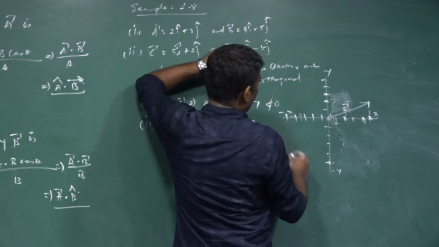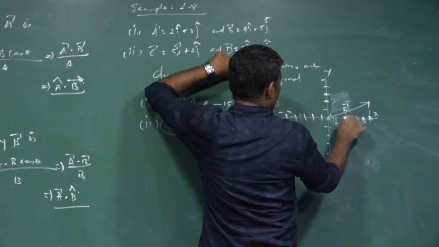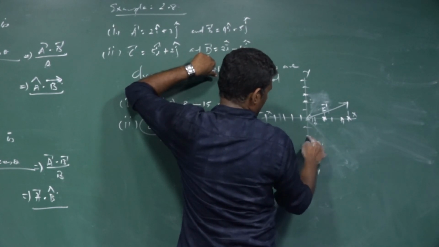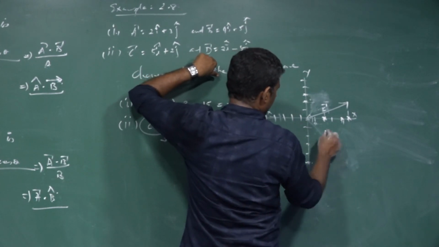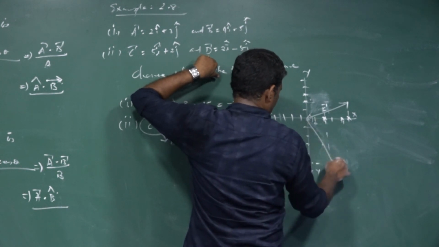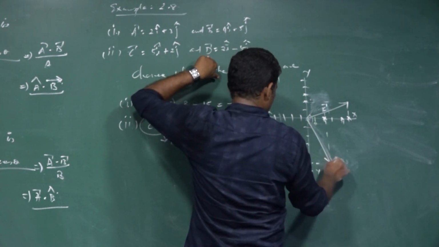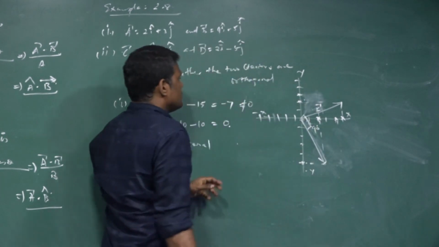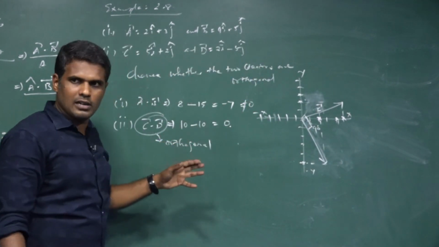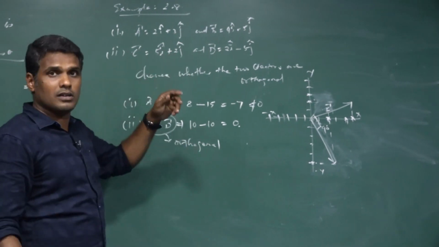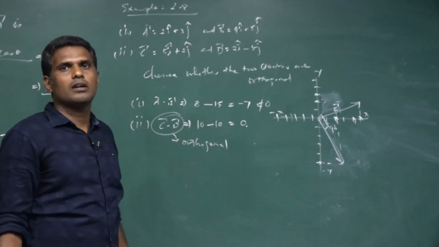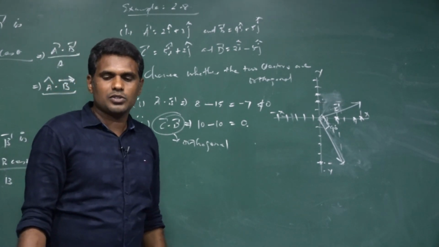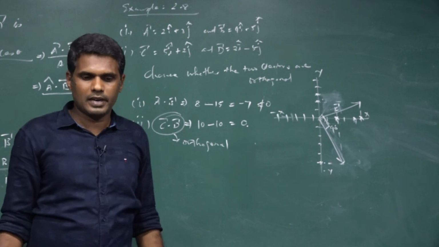Then D vector is 2i minus 5j. See, this is at right angle. So with the geometrical representation also, we can show that these two vectors are orthogonal and the other two vectors are not orthogonal. Another example is also there in your textbook. You can just go through it, which is very simple.